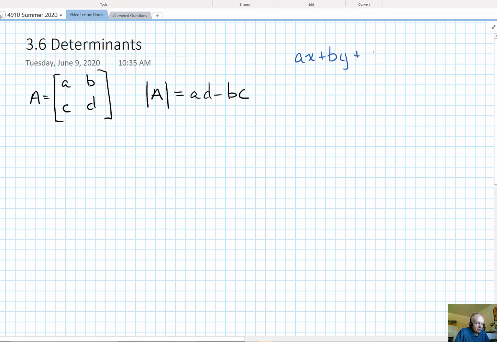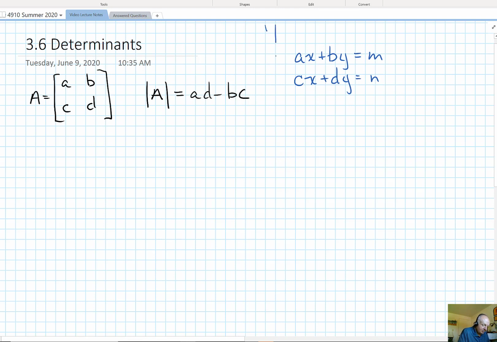So we're just going to look at a system of equations that is associated with the matrix A, B, C, D. So ax plus by equals, let's just call this M, and then we have cx plus dy equals N. All right, so there's our system of equations that generates that matrix. Again, what we're asking is where do determinants come from?